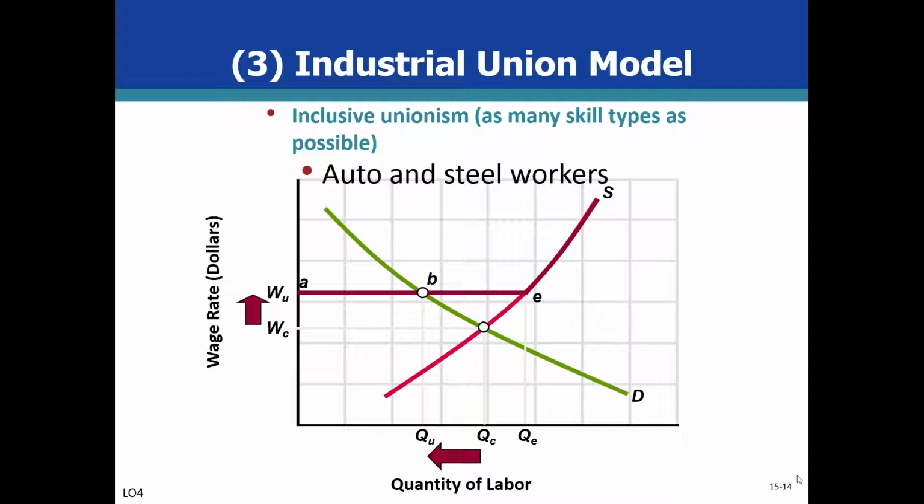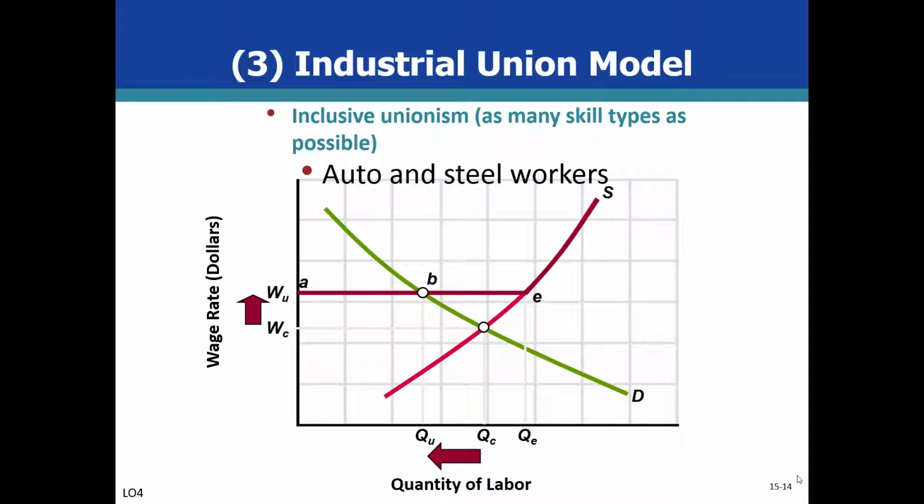The industrial union model is the third. It tries to organize as much of the supply of labor as they can: skilled, semi-skilled, and unskilled workers. At the same time, they try to get the highest wage possible for each group, at times under the threat of a wide-ranging strike.